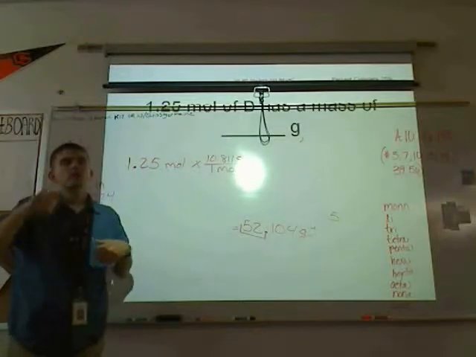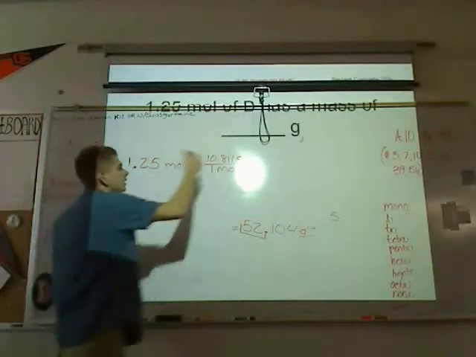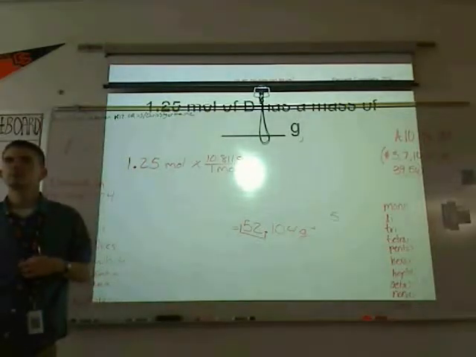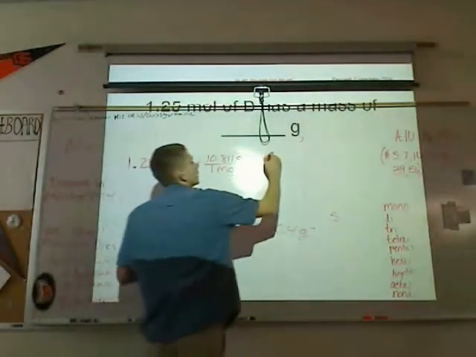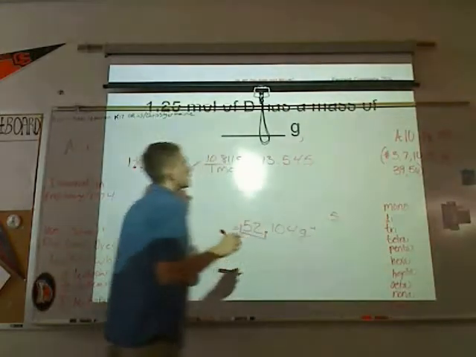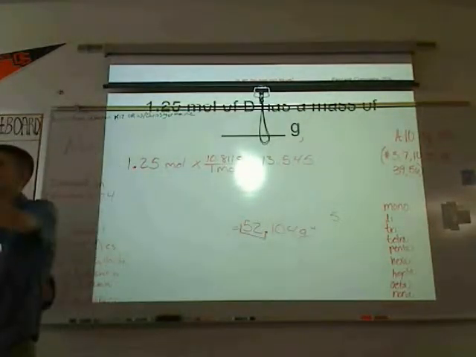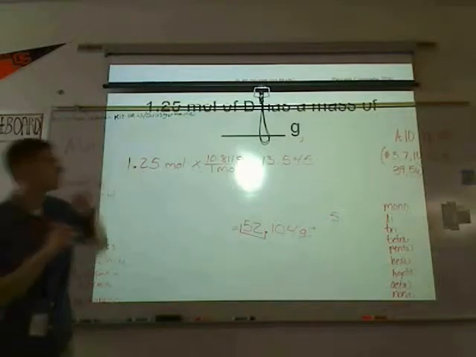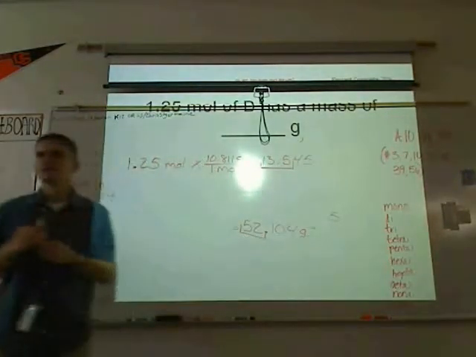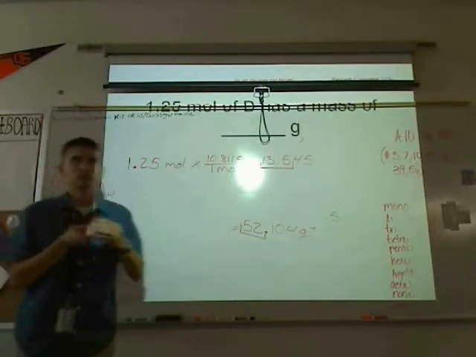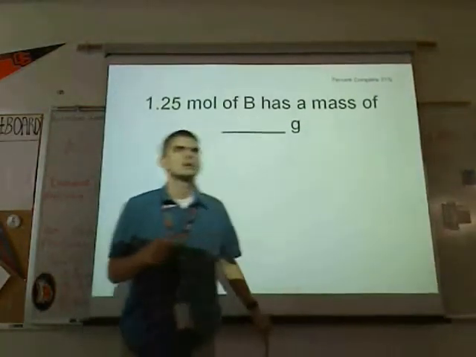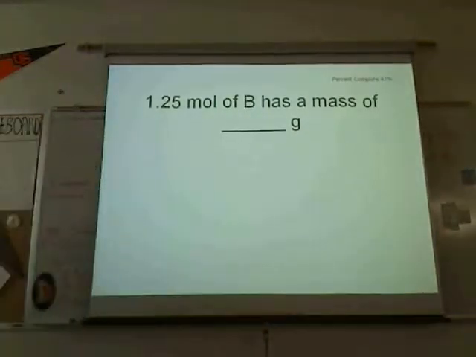It doesn't matter. So, you do this, what do you get for an answer? 13.545. You get 3 sig figs. 13.5. So everybody hit 13.5 and send.